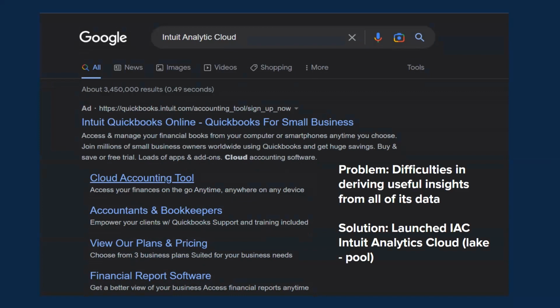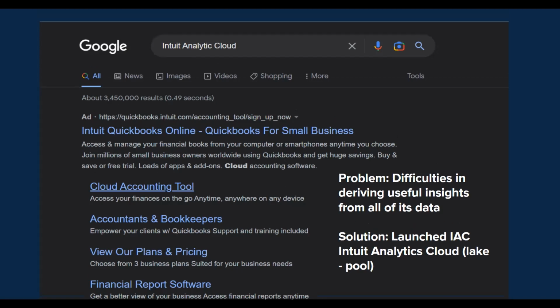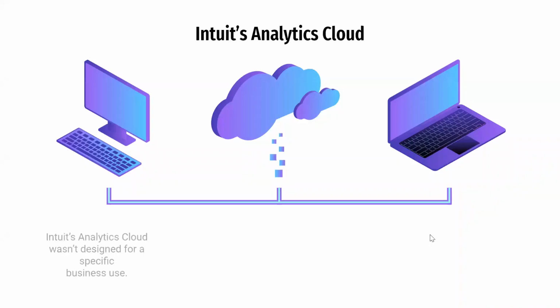So they thought of a solution and then they launched the IAC, or the Intuit Analytics Cloud, which basically upgraded the lake of data into a pool of data, which lets more users use the system at the same time.